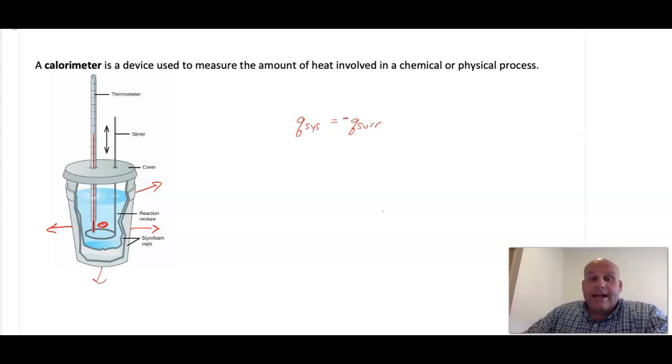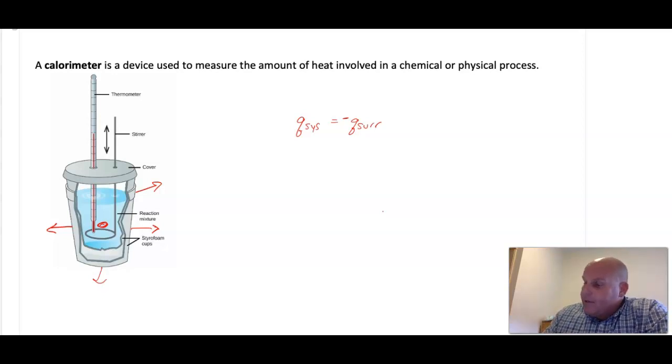Okay, so it's the same quantity of heat, but if Q of the system was positive, that means it would be endothermic. That means it would be absorbing heat. Well, that heat would be coming from the surroundings, so the surroundings would be exothermic, would be losing heat. Okay, so keep that basis in mind. We'll apply it differently in a couple different examples here in a minute.